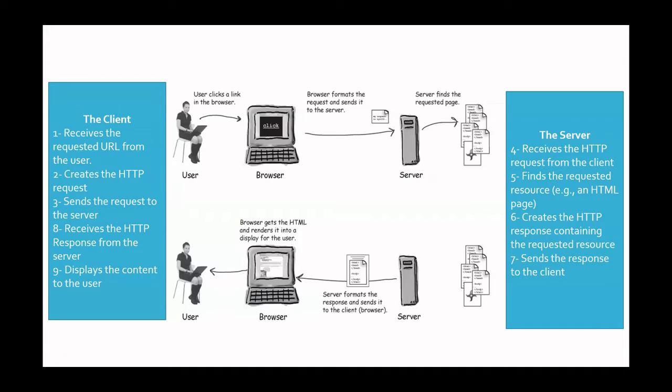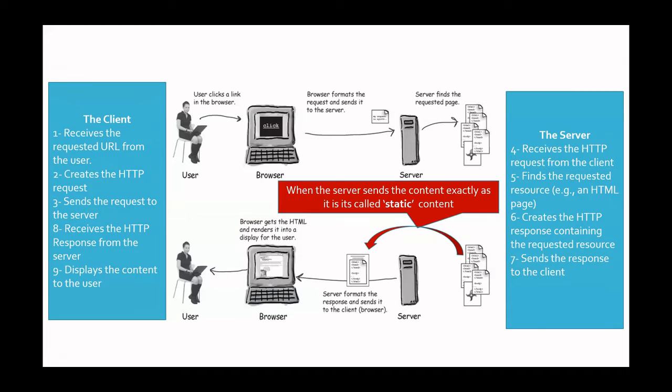Now, remember this whole process of how web applications work? When the server sends the resources just as they are, so the server just copies the resource and sends it as it is to the client, we call that static content. The server doesn't have any input in the content.